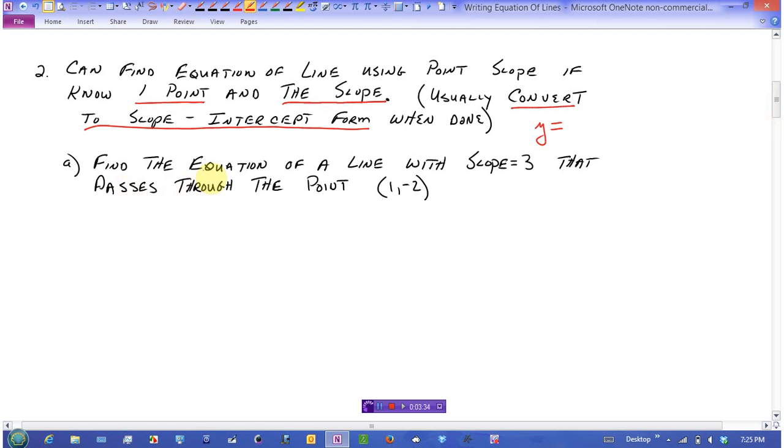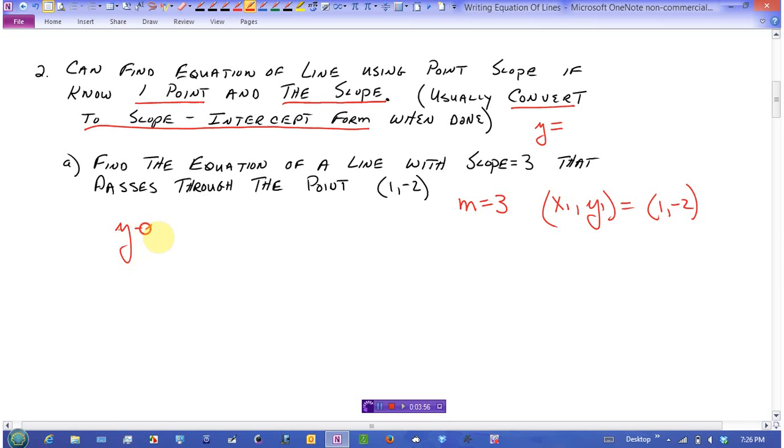We have an example that says find the equation of a line with a slope of 3 that passes through the point 1, negative 2. Okay, so here are the things that we know. We know the slope is 3, so that's m. We know the point that it passes through, x1, y1, that's going to be 1, negative 2. So let's plug those into the equation.